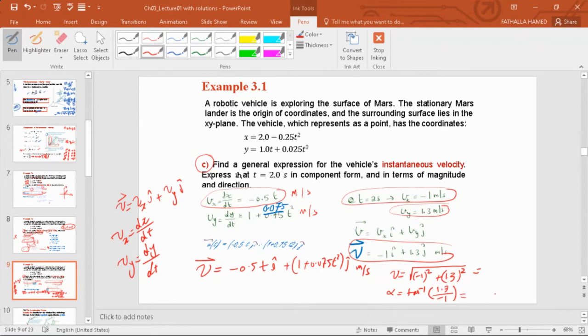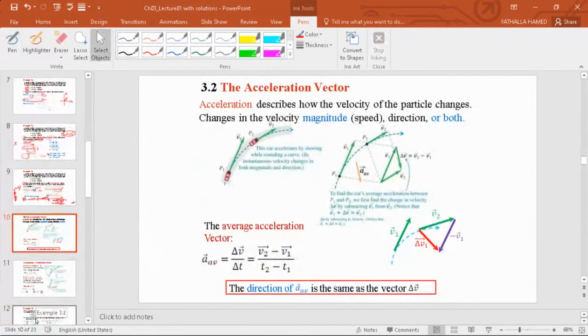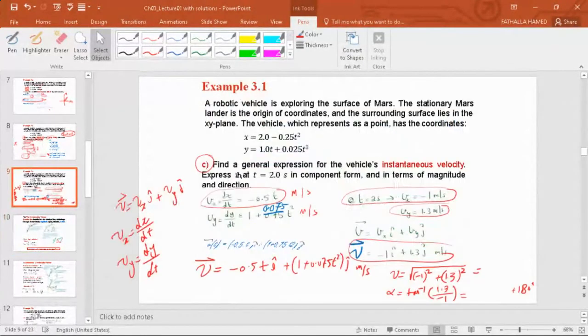So whatever value you get out of here, you're going to add to it 180 degrees to tell you that you are in the second quadrant, if you want to get your angle relative to the positive x-axis. So this is now how we apply the concept of instantaneous velocity vector or average velocity vector or position vector in 2 dimensions. Any questions before I move on?